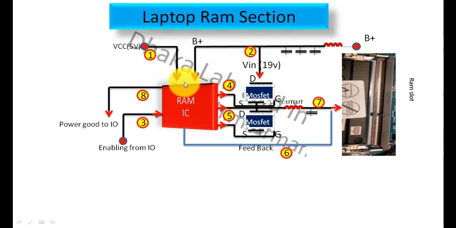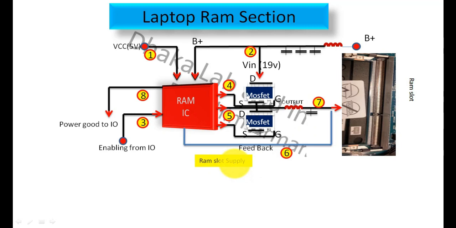And then I will also discuss the RAM slot supply. RAM slot supply is very important for making the motherboard turn on, for display. So I will now discuss the RAM slot supply, and there are many voltages.